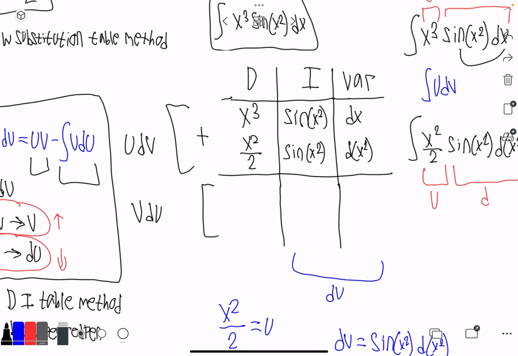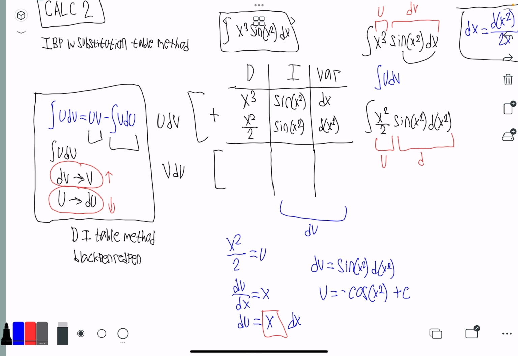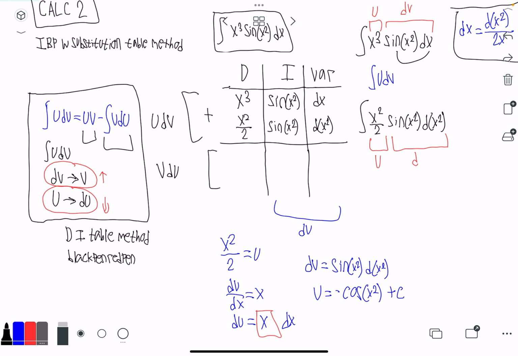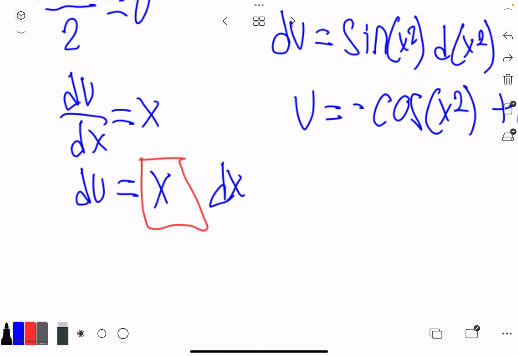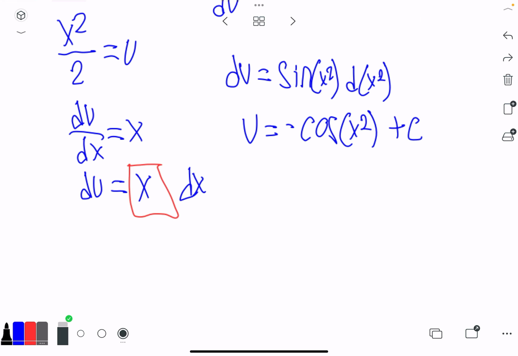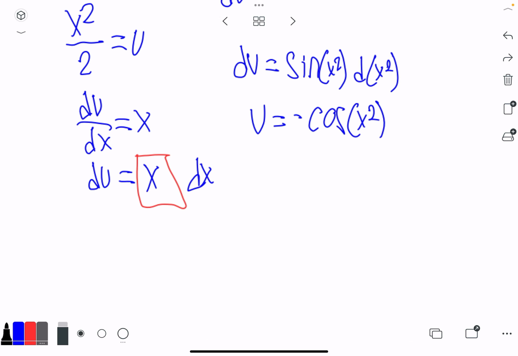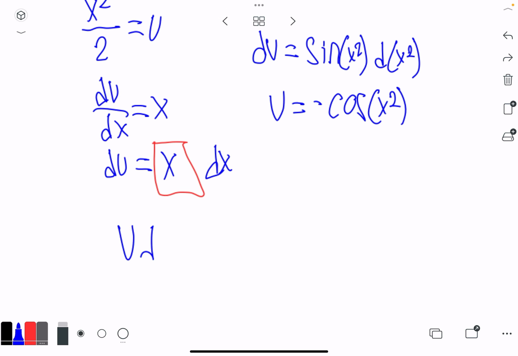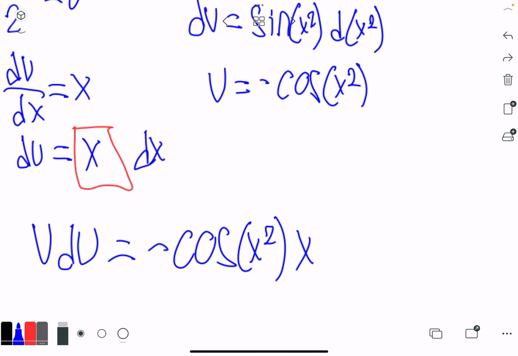Okay, so now we're trying to write v du into this thing. So what is v du? We know that du is x dx and v is negative cosine x squared. So v du is equal to negative cosine x squared x dx.